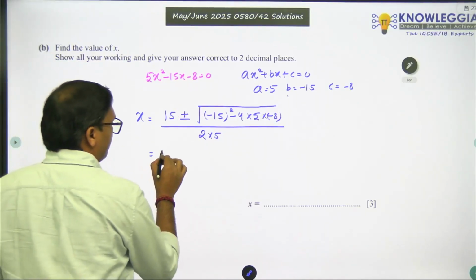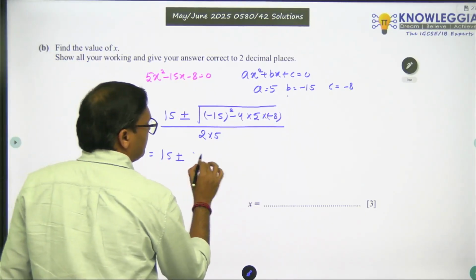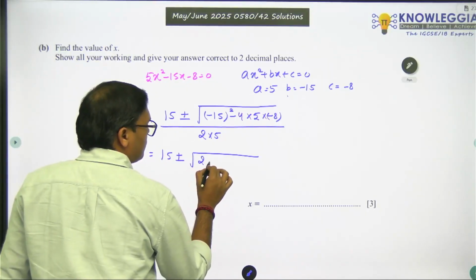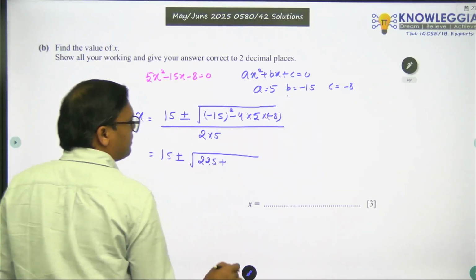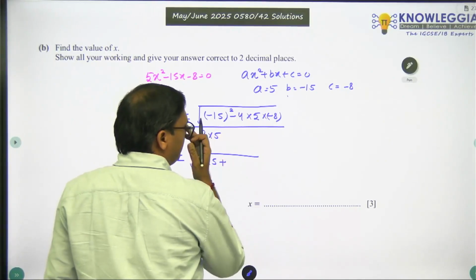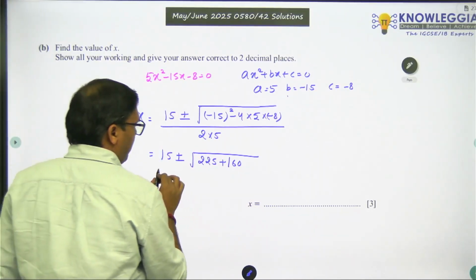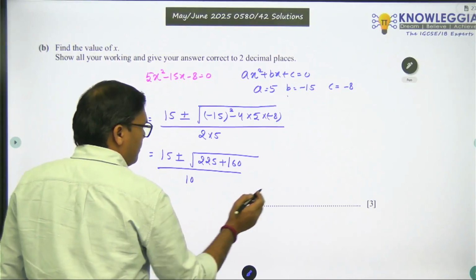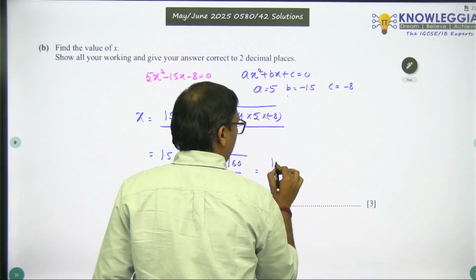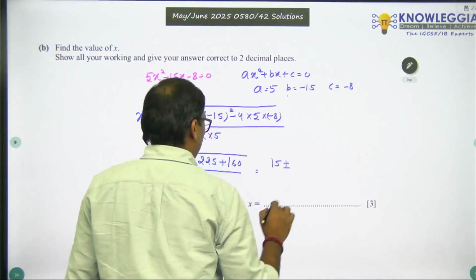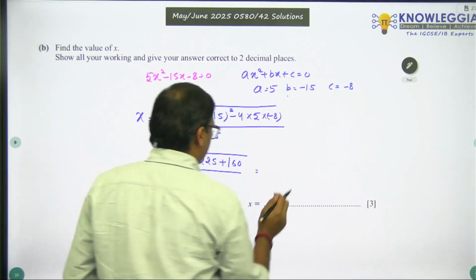So this is 15 plus minus the root of 225 plus 160, upon 10. Now you can easily do the calculation. Just substitute the value.